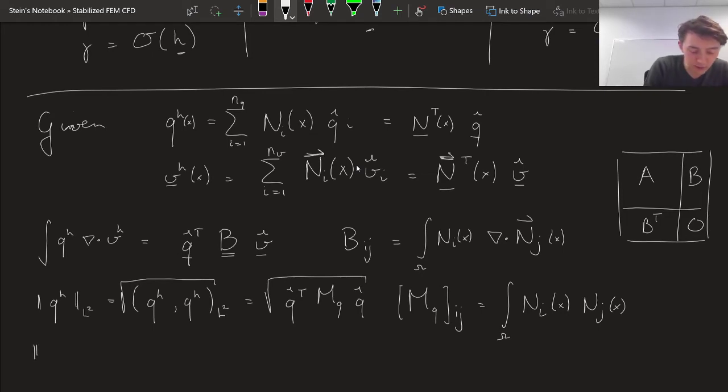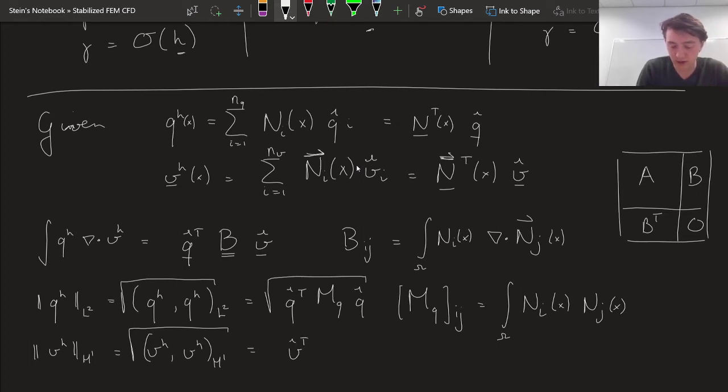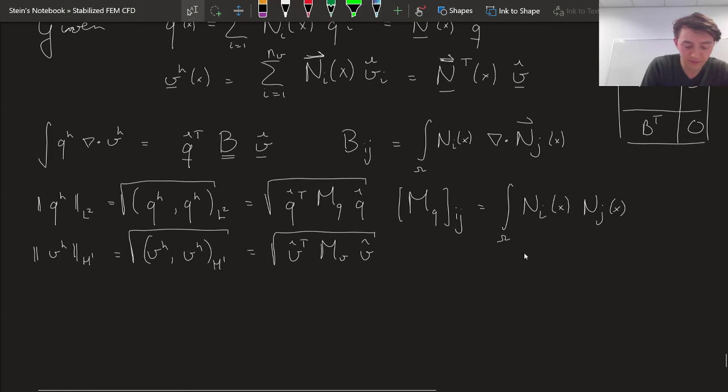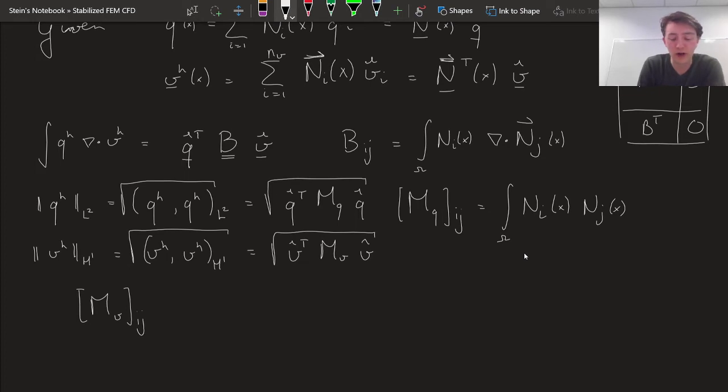Yeah, we can do the same thing for our H1 norm, which we can also write as a multiplication by a mass matrix. And now actually this mass matrix is defined a little differently. Because of course we know that the H1 inner product was a combination between the L2 inner product of the function and the L2 inner product of the derivatives of the function.